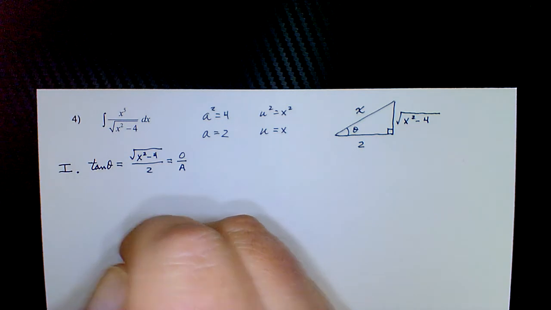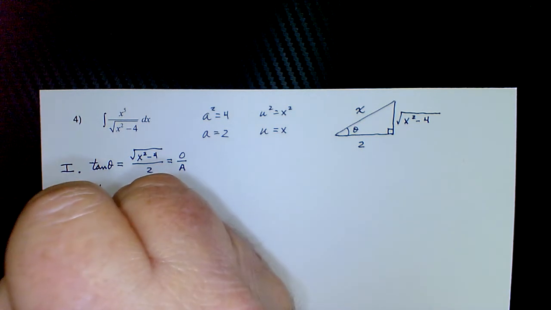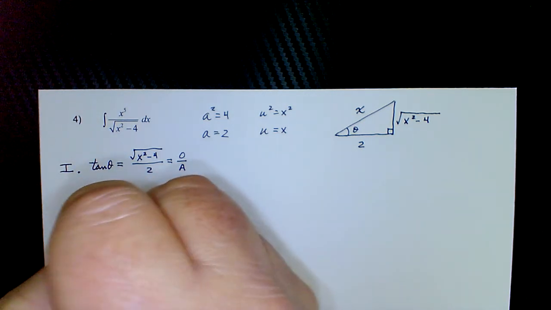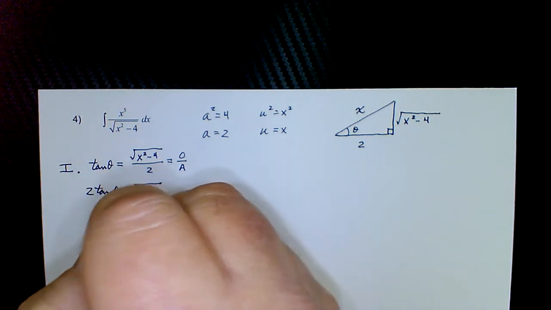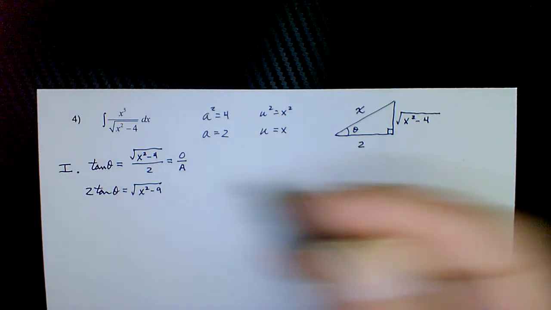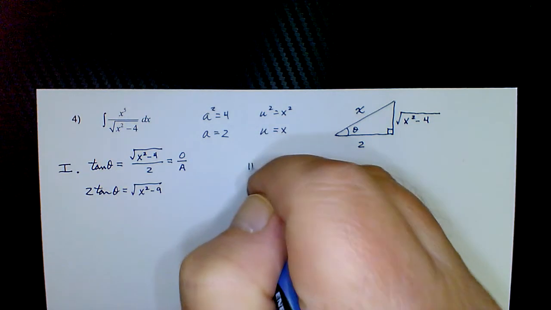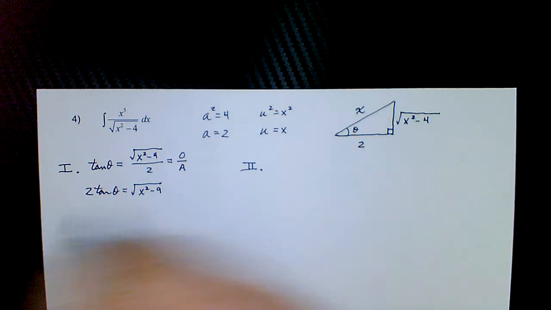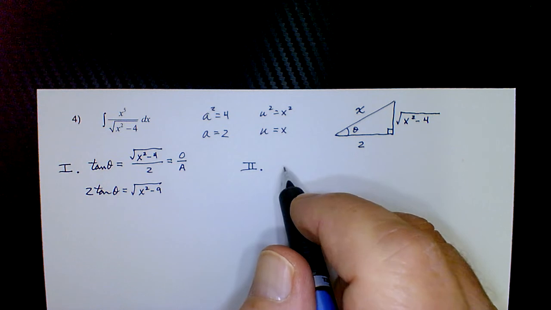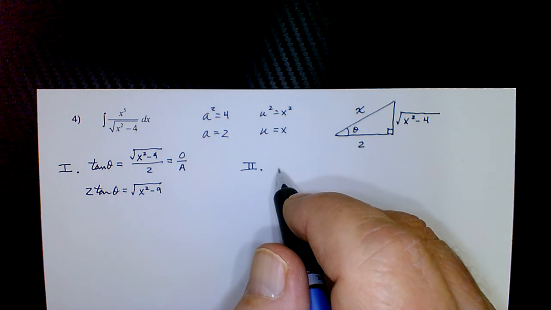So tangent of theta is that, and then we solve for the radical part, so 2 tangent theta is the radical part.